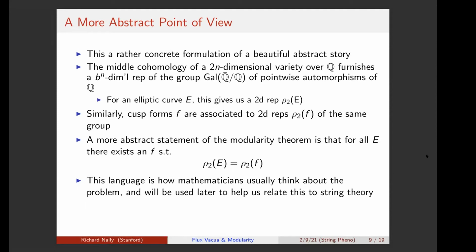So instead of an elliptic curve, let's say I give you an n complex dimensional variety over Q, so 2n real dimensional. Its middle cohomology, H^n, furnishes a b_n dimensional representation of a group called the Galois group of Q, which is the group of automorphisms of the algebraic closure of Q that fix Q pointwise.